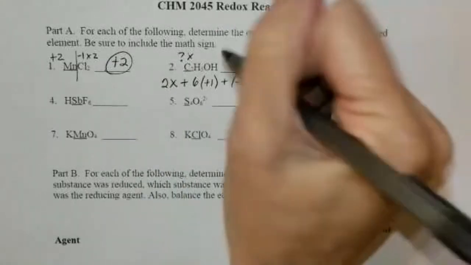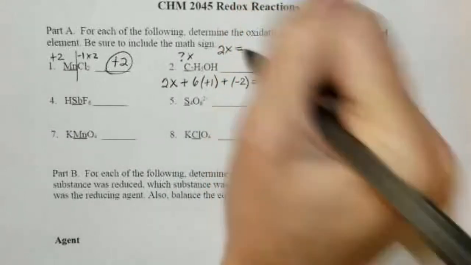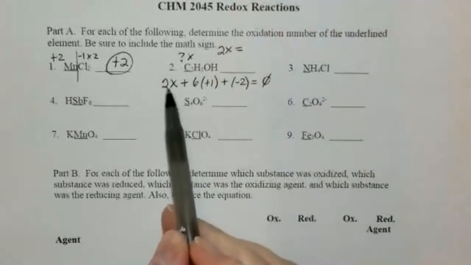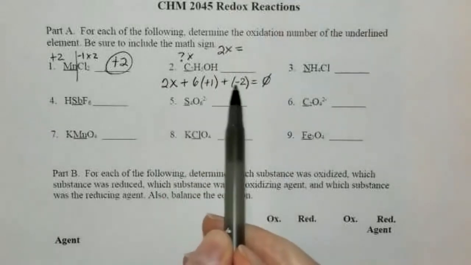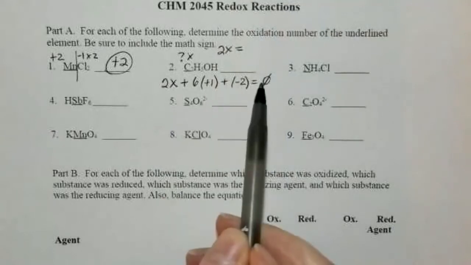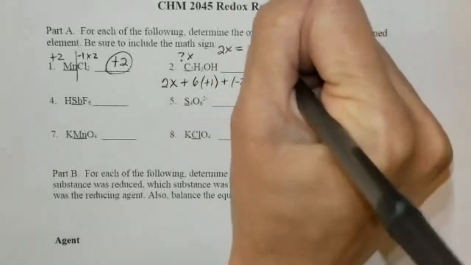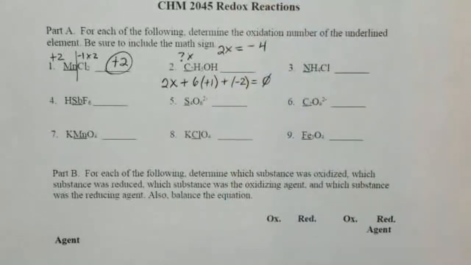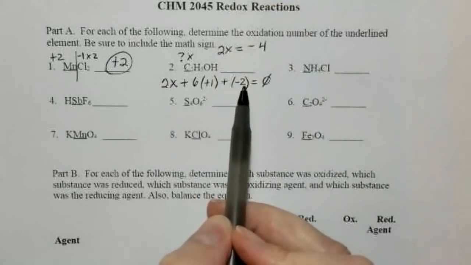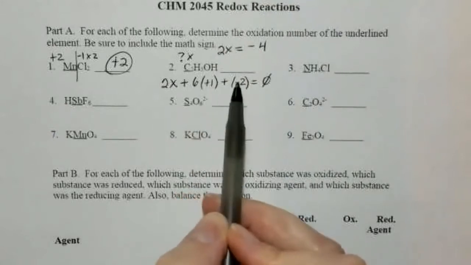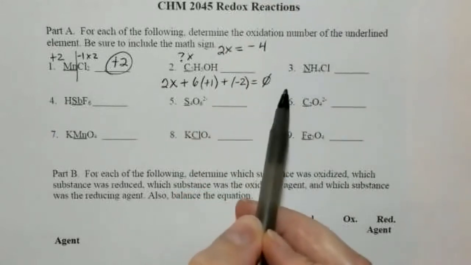But what we can do is I'll show you the algebra up here. I'm going to move 2X by itself on the left side. I've got +6 -2, which means +4. If I subtract 4 from both sides, that means a -4 on the right. I'll subtract 4 from the left and the right.